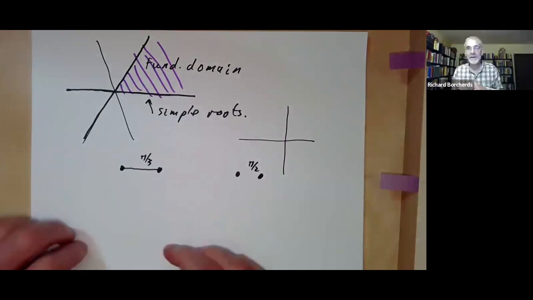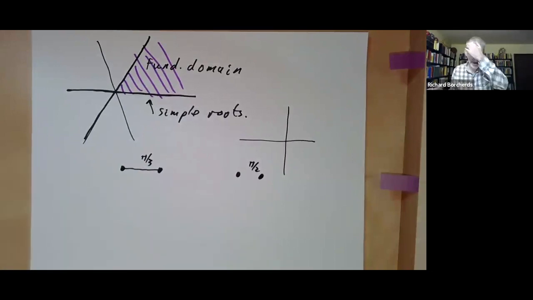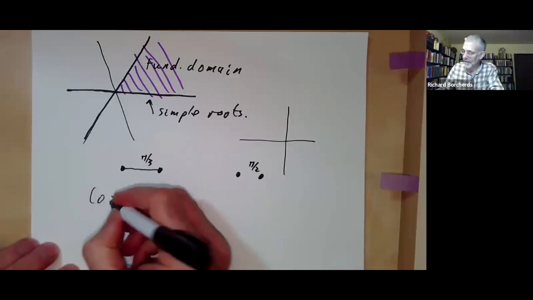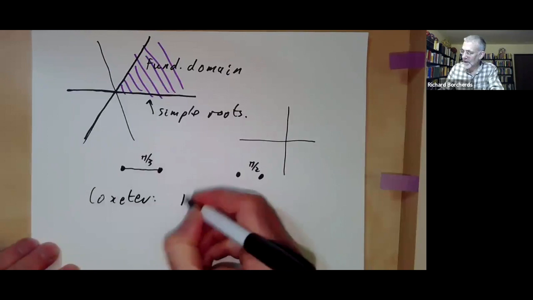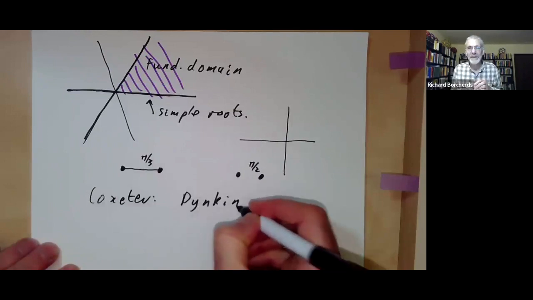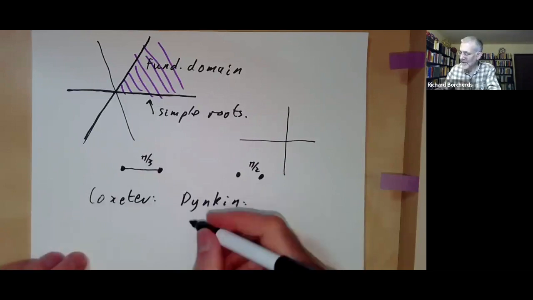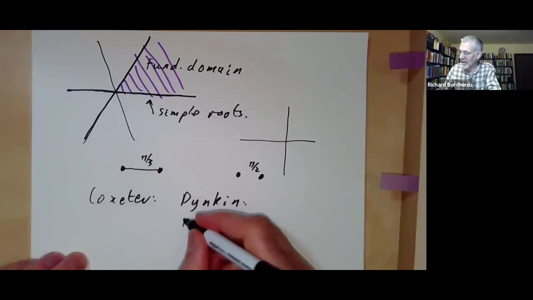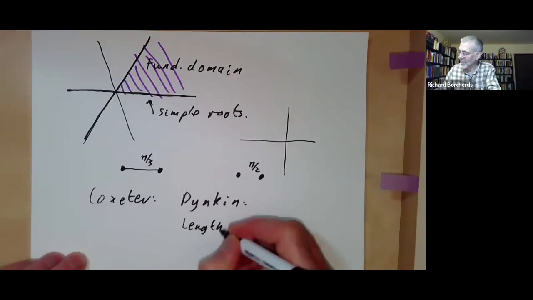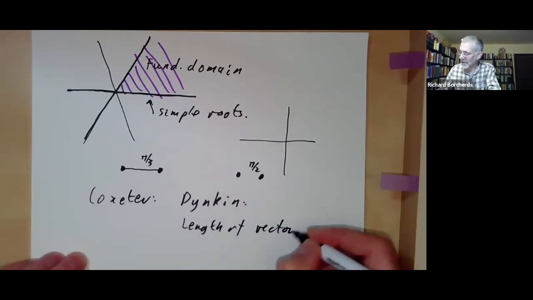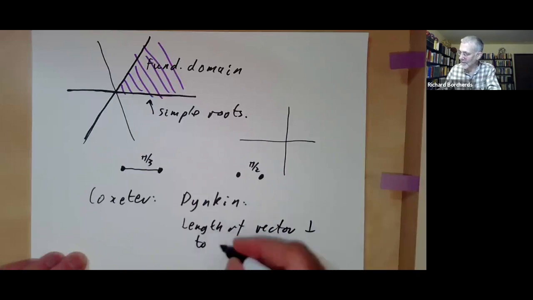There's a slight technical difference between Coxeter diagrams and Dynkin diagrams. Coxeter diagrams and Dynkin diagrams are almost the same thing. The difference is that Dynkin diagrams add information about the length of a vector perpendicular to the hyperplane.